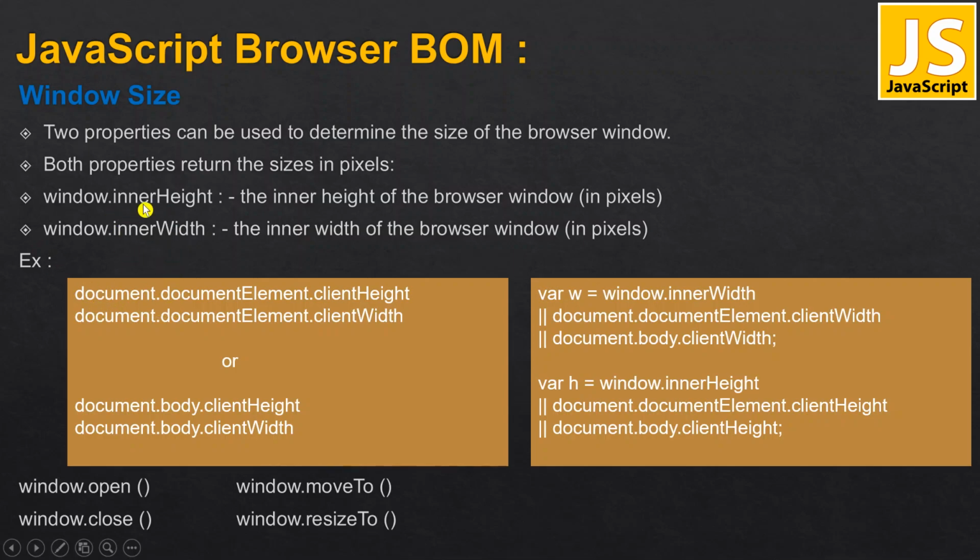For example, we can access the browser window's height and width by using this code also: document.documentElement.clientHeight, very big code, right? document.documentElement.clientWidth. Very long lines, like a sentence. This is because there are different browsers, Mozilla Firefox, Internet Explorer, Chrome.